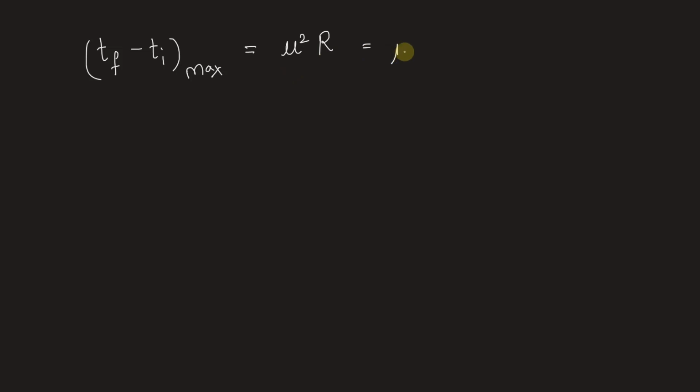We can write this as mu square into diameter by 2. This formula is clearly explained in the reference that I will mention at the end of this video, so you can refer to that. So we clearly see that the maximum possible draft is a function of coefficient of friction. Although it is directly proportional to the square of the coefficient of friction, we can write that it is dependent on it.